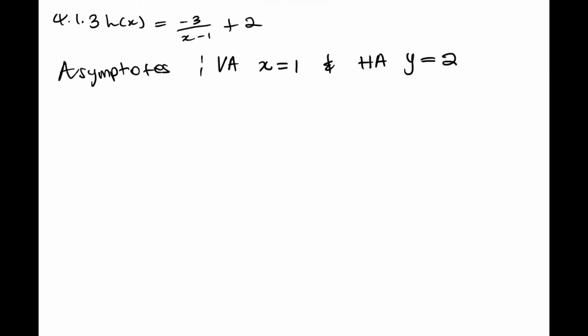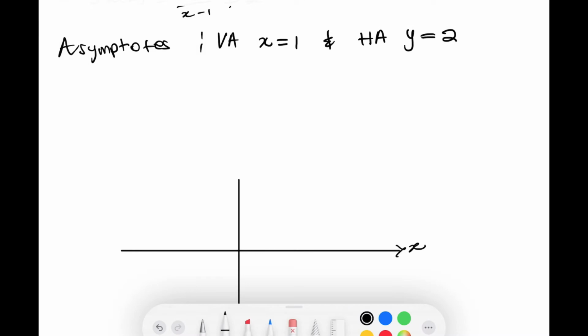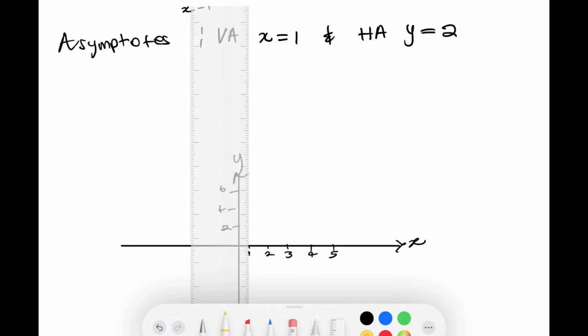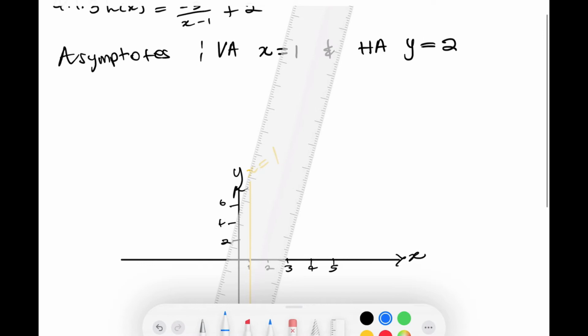And we can draw that. The vertical asymptote is x is equal to 1. And the horizontal asymptote is y is equal to 2.